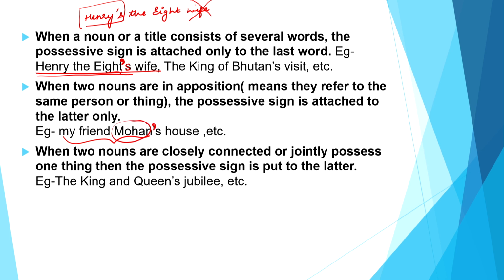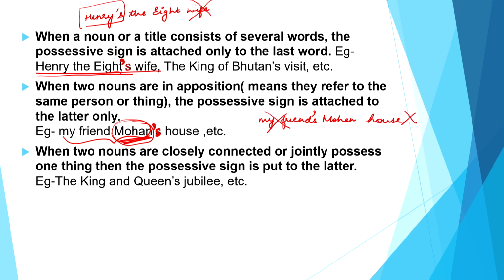So, we will add an apostrophe plus s to the last part, that is Mohan. We will not add it in the beginning. For example, my friend's Mohan house would be totally wrong.